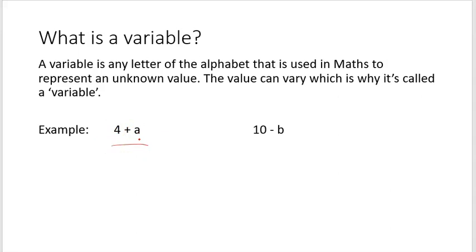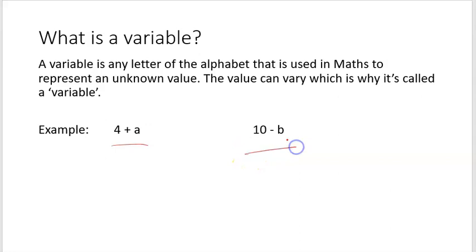It can be 1, it can be 2, it can be 50, 1,000, 5 million, any numbers in between. It can be a fraction, it can be a decimal number, but until we know what A is, it's just A. We can't evaluate or solve that unless we know what A is.